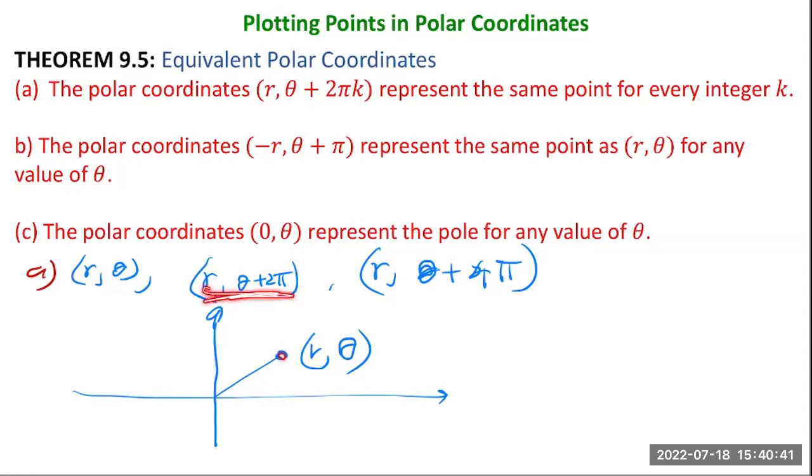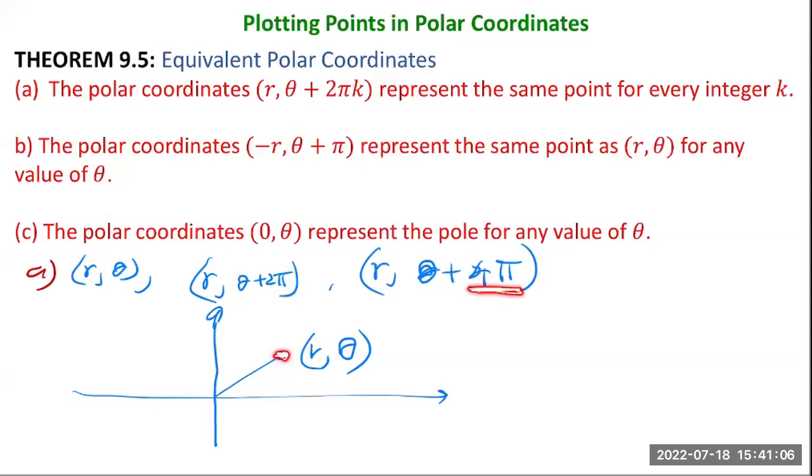To get this point, you have to add 2 pi to the existing angle theta, right? Where is theta plus 2 pi? Theta plus 2 pi is again here. Because this angle is already theta, you have to add 2 pi to that to get theta plus 2 pi. Adding 2 pi means you go one full revolution, and going one full revolution means you are landing at the same point.